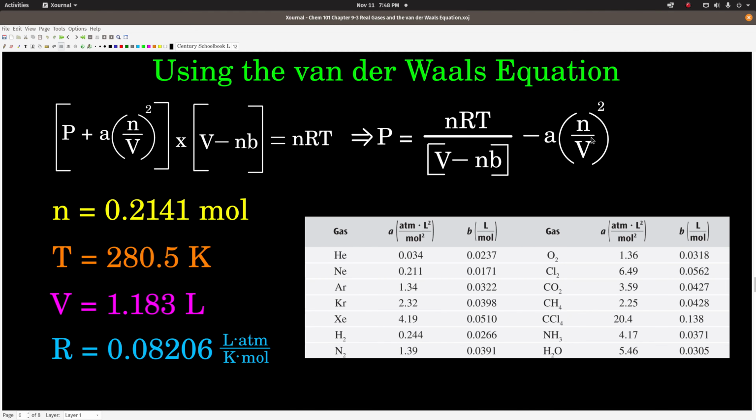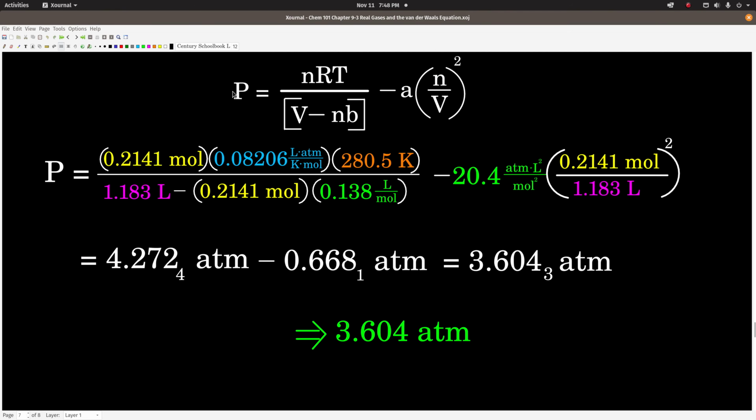The A constant for carbon tetrachloride is going to be 20.4 atmospheres liters squared per mole squared, and the B constant will be 0.138 liters per mole. So we're going to plug these guys in now. So nRT over V minus NB, minus A times N over V squared.